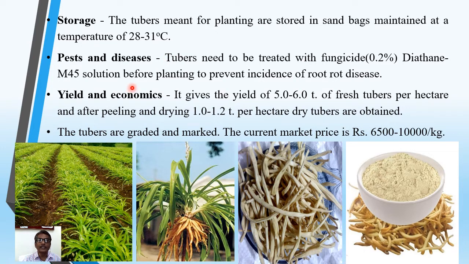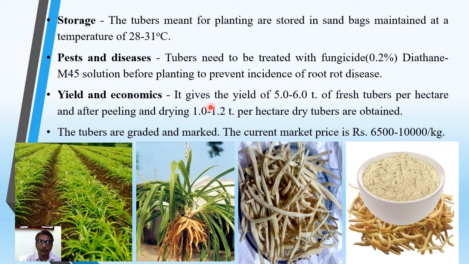The pests and diseases: tubers need to be treated with fungicide, that is Dithane M-45 at 0.2% concentration before planting to prevent the incidence of root rot disease, because this is a tuberous root crop.